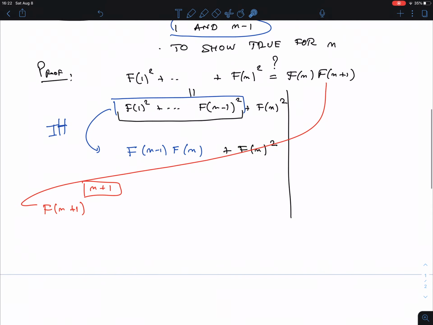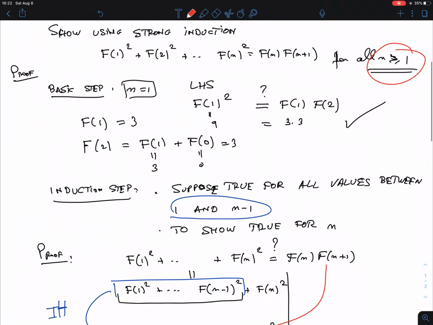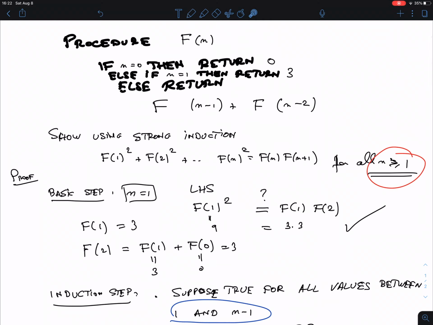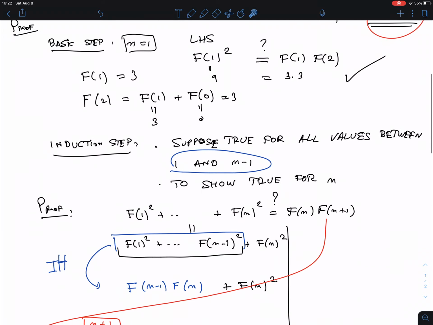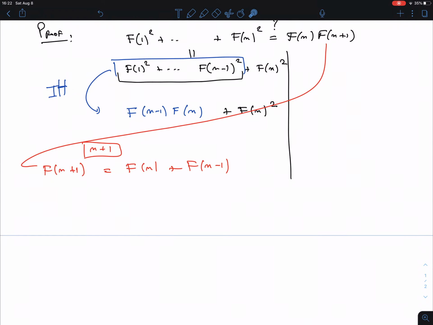So the previous number is n, and the one before that is n minus 1. You have to think flexibly. This formula says the value of this function is the value 1 less and the value 2 less. So this is what we have now.